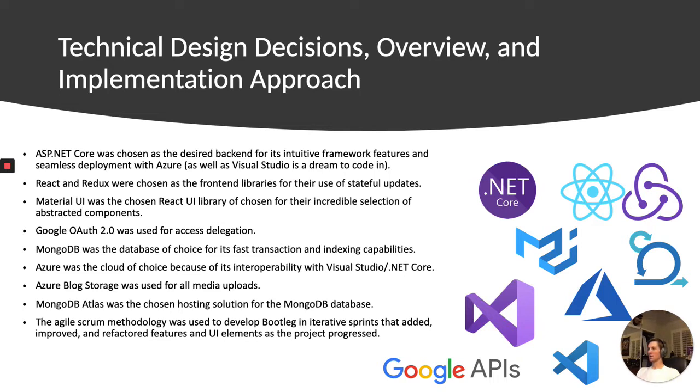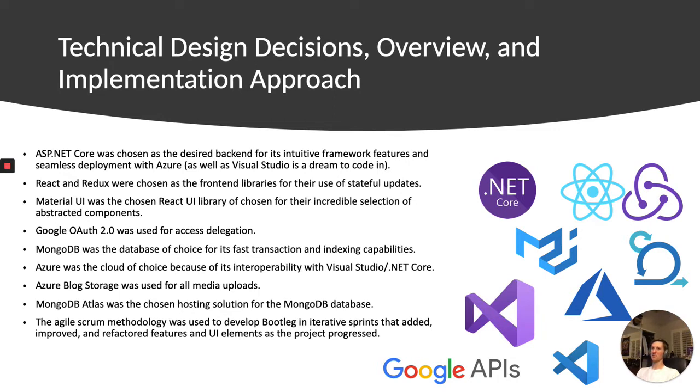And then Agile Scrum was a methodology that I used to develop Bootleg. Actually, even before this presentation, I was looking back and seeing my previous videos on milestones and seeing how much my UI has updated and changed through each milestone, which is really cool to see.